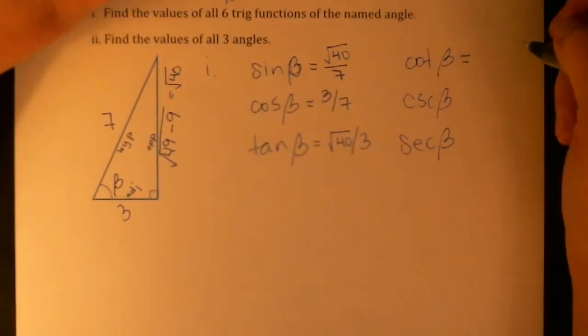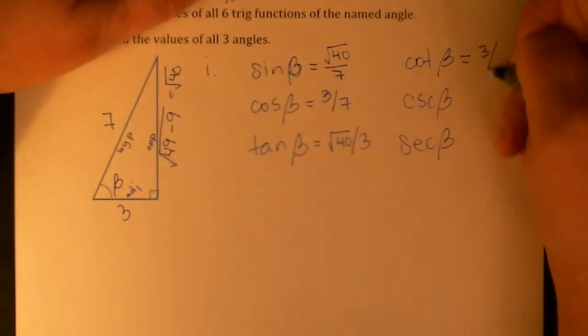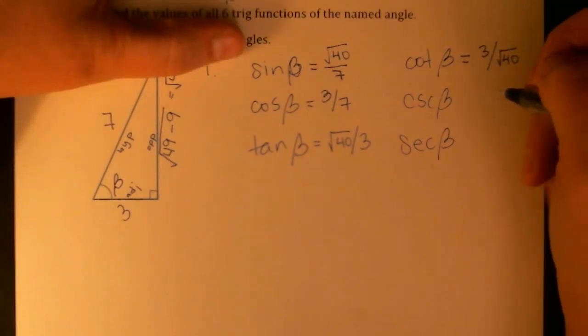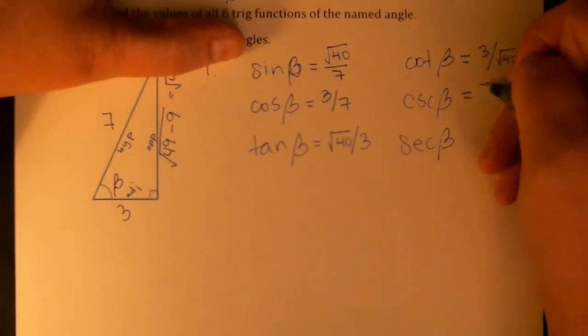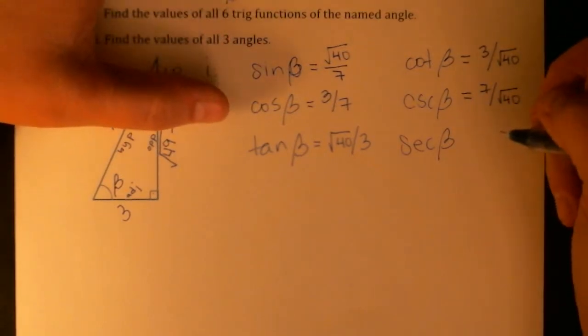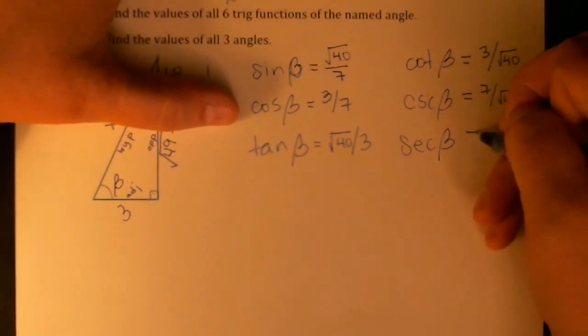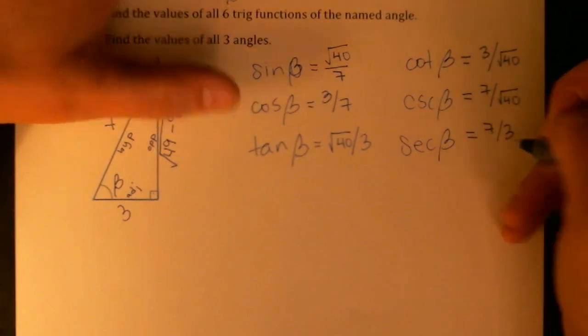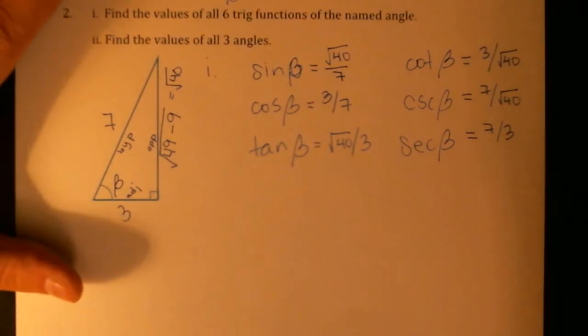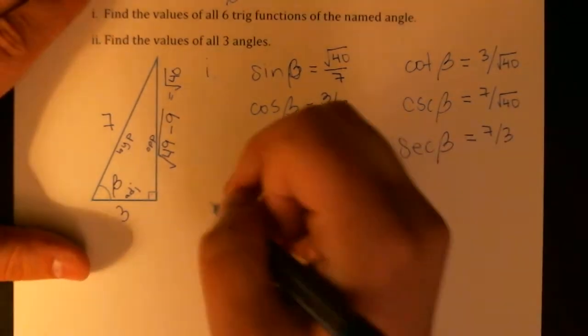Tangent and cotangent are reciprocals, which means this should be 3 over root 40. Cosecant and sine are reciprocals, which means this should be 7 over root 40. And secant and cosine are reciprocals, which means this should be 7 over 3. Okay, so there's all sides and the value of all the trig functions.